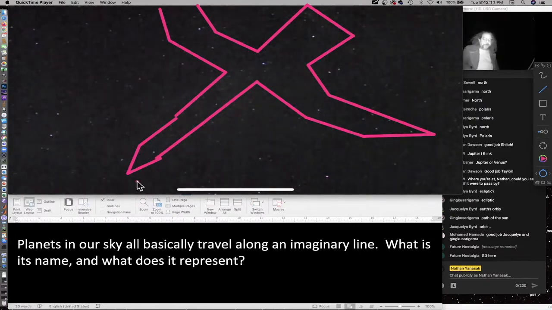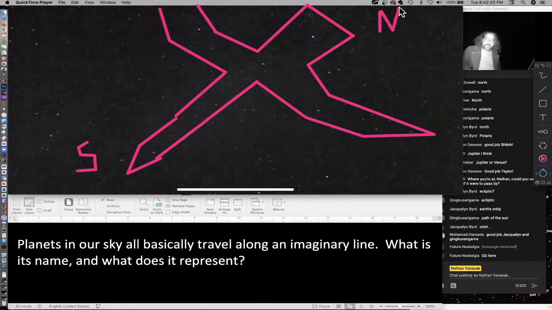So it's currently flying due south. If I look up into the sky, this is sort of south, and this is kind of north. The Milky Way, of course, is not quite perpendicular to north to south. It's kind of perpendicular to the ecliptic plane, but it's not quite perpendicular to north and south.